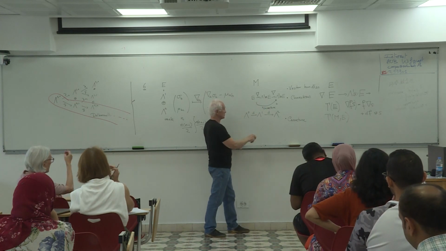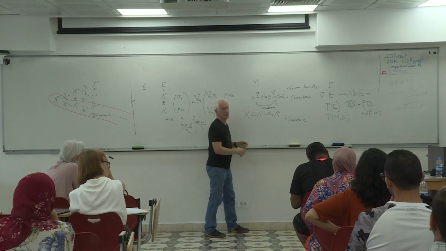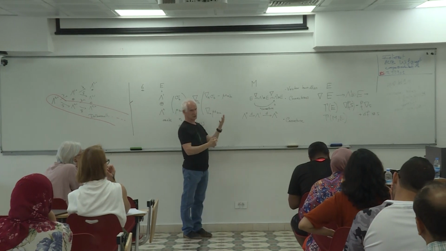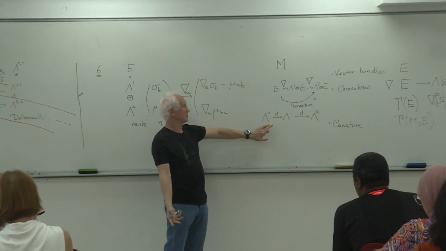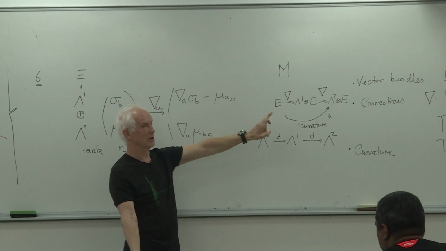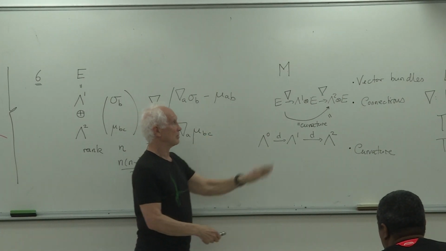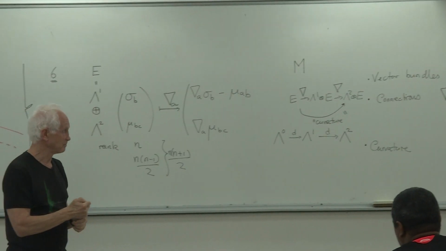If you do it for the de Rham sequence, the de Rham sequence is actually a complex. This composition is 0. And this is actually a trivial case where this is a connection on the trivial bundle, so you don't even see it, and the curvature here is 0 because this composition is 0. But if you do it more generally, this composition is a homomorphism which is not necessarily 0.